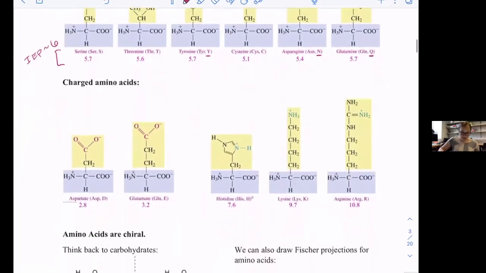Okay, then we also have our charged amino acids. They are also hydrophilic, and they have charged side chains, so charged R groups.